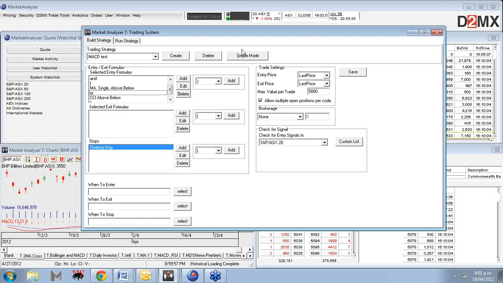So that's how I can use the advanced mode and add in these conditions. So there's a number of ways that I can approach this, and there's a huge list of signals that I can test and ideas that I can test out.